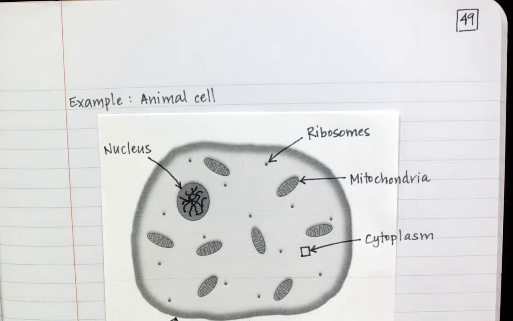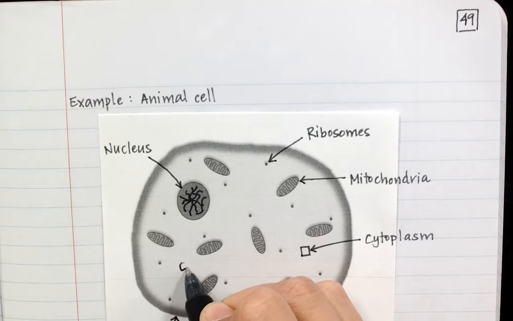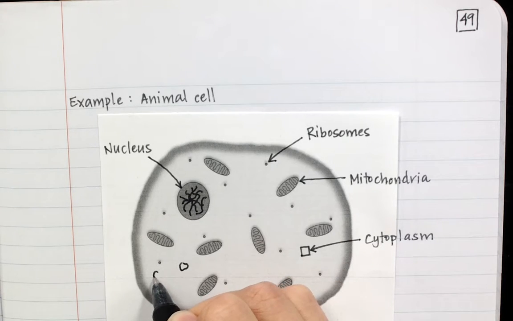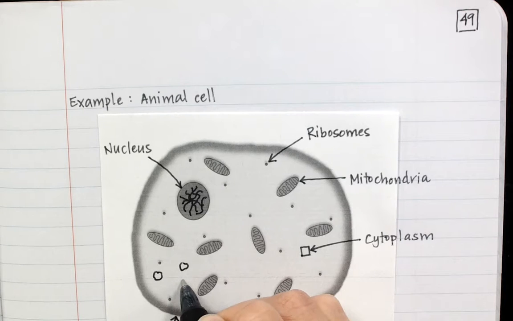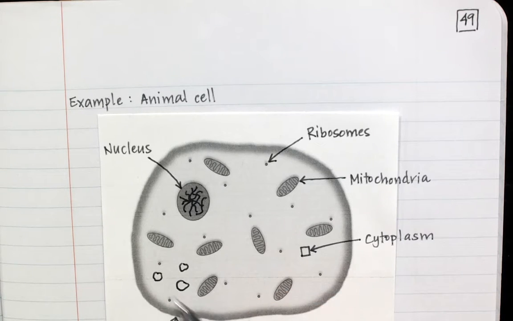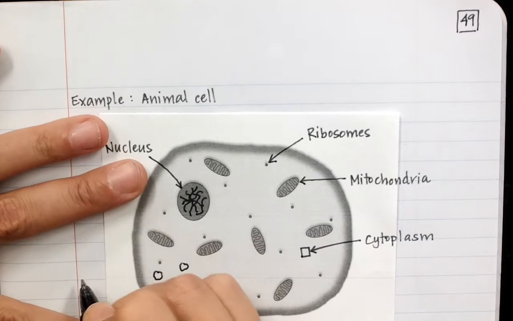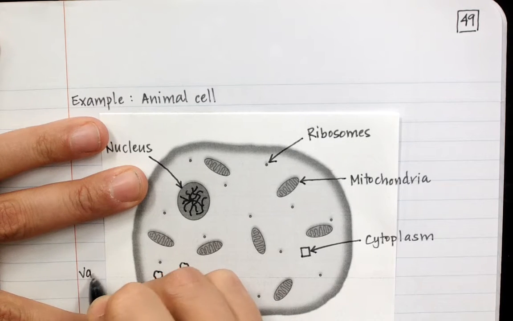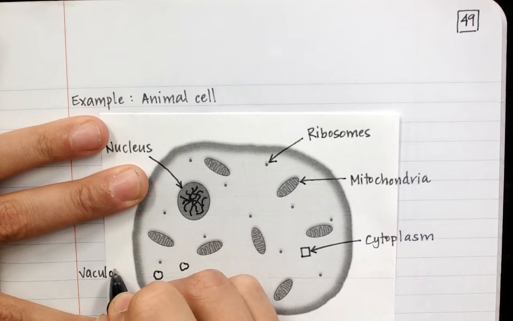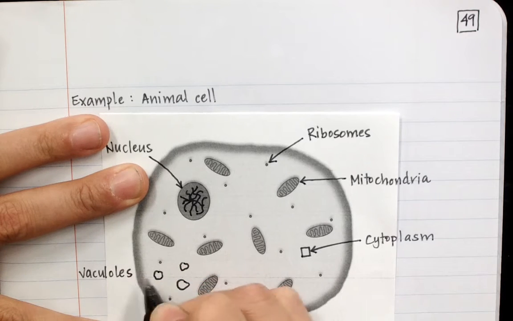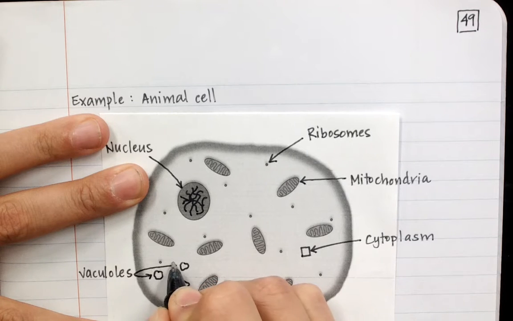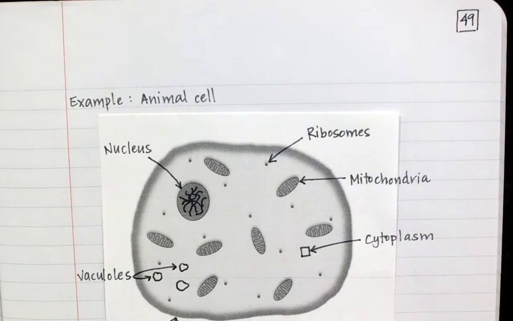And then last but not least, we're going to add something here. So animal cells, they can have these small membrane-bound sacs that have water and minerals in them. So they can actually have vacuoles. But their vacuoles are really small. You can't normally see them under our microscopes.